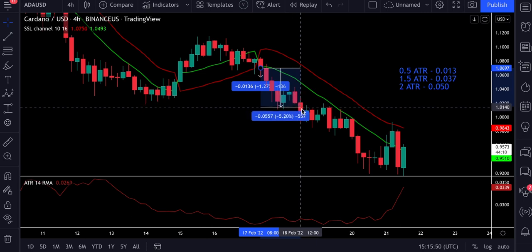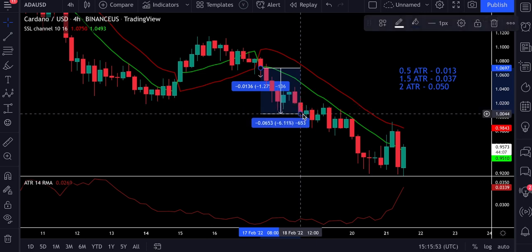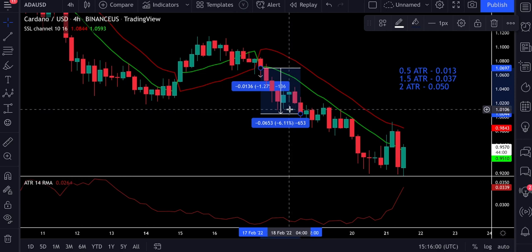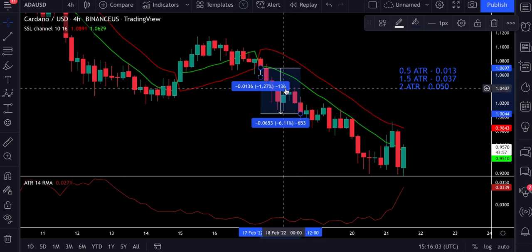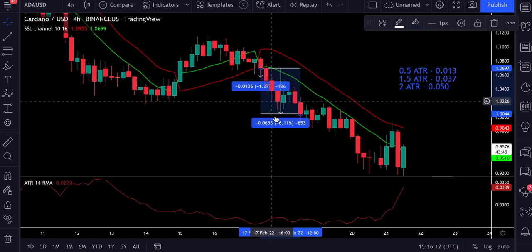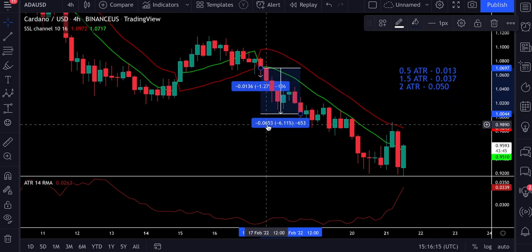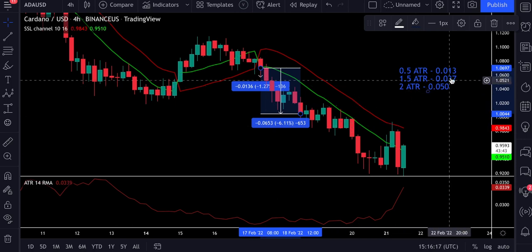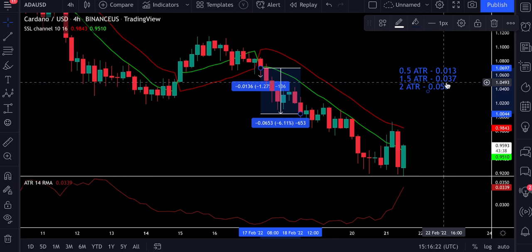And then next candlestick, boom, it drops all the way down here. So now, what you want to do is calculate the distance between the current price and your stop loss. So that is exactly 1.5 ATR. This is how you scale in. So now the distance is, I don't know exactly, but if you take this number right here, 65, minus this number, 37, 1.5 ATR, that's roughly going to be at 28, I reckon.